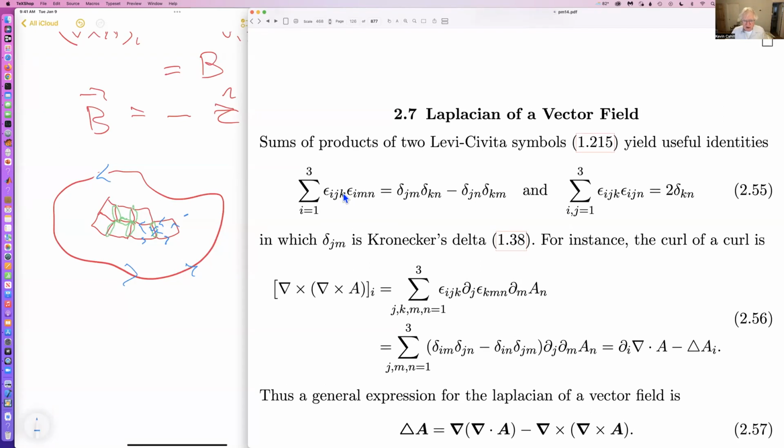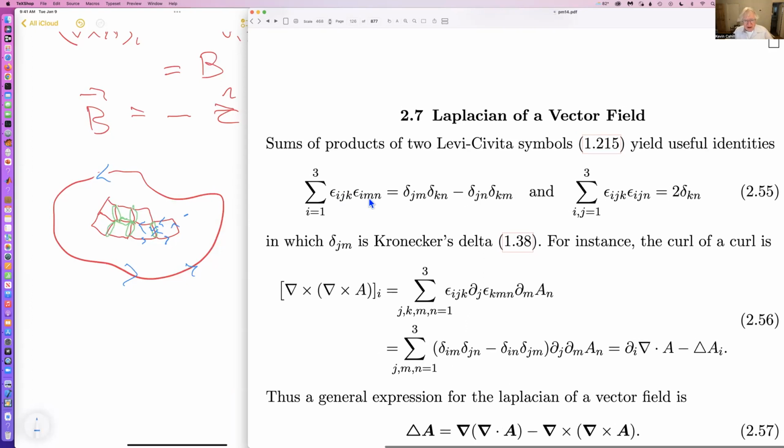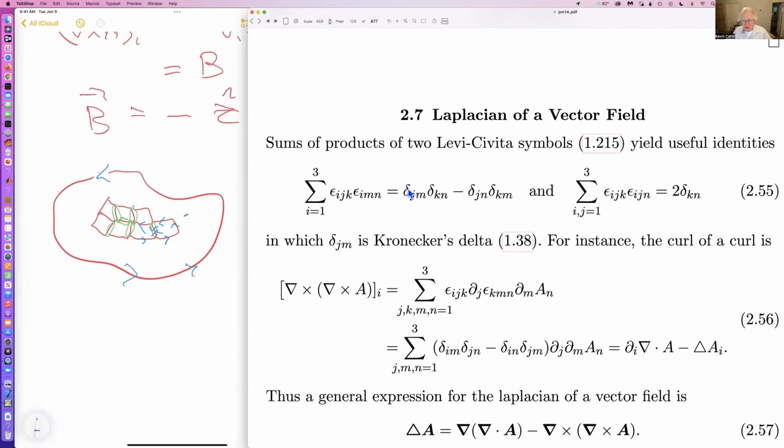If you have a product of two anti-symmetric three symbols, then they're equal to the product of the delta functions that match minus the delta functions that don't match. If you have the product of three symbols in which two indices are repeated, and you sum over them, you get twice a Kronecker delta of the remaining indices.